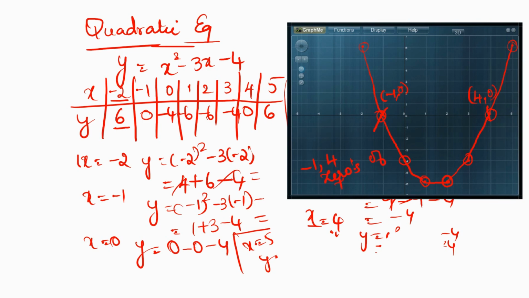Here on the x-axis there are 2 points for which the y value is 0: minus 1 and 4. So the zeros of this particular polynomial are minus 1 and 4.